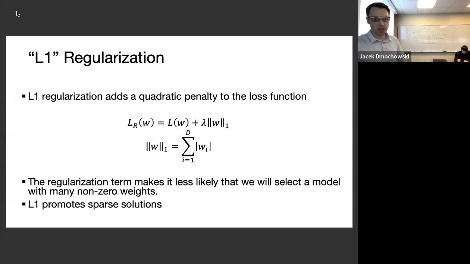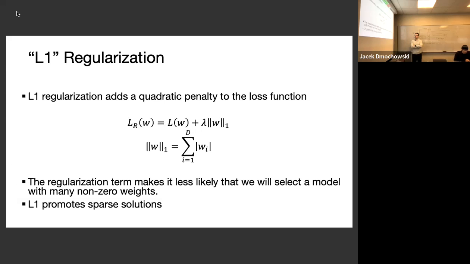All right, so L1 regularization is very similar. It looks almost identical, except that this is the notation for the L1 norm. So in other words, it is the sum of absolute values. I have a picture on the next slide that I think does a good job of showing you the difference between these two.